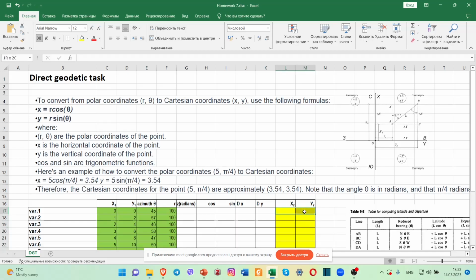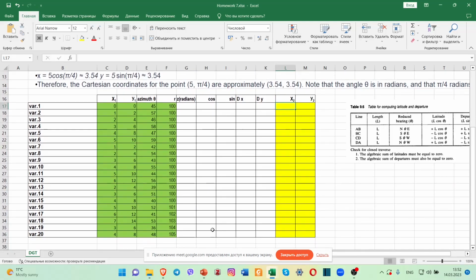The yellow cells in the table are the result. So, for example, we can use variant 20. The first step is to calculate the azimuth in radians. Well, we type radians.